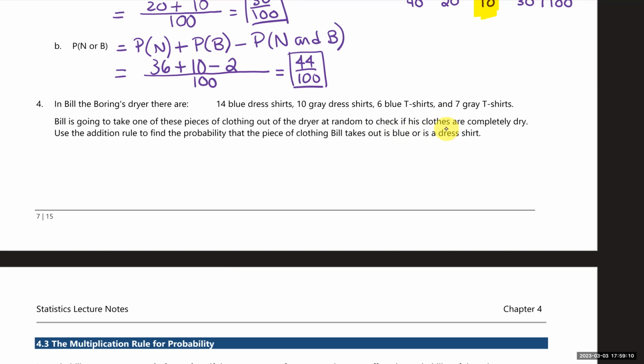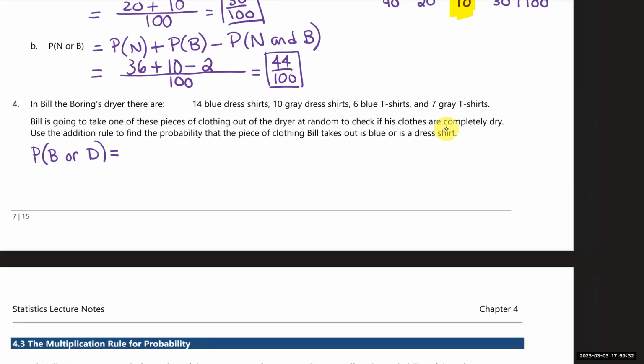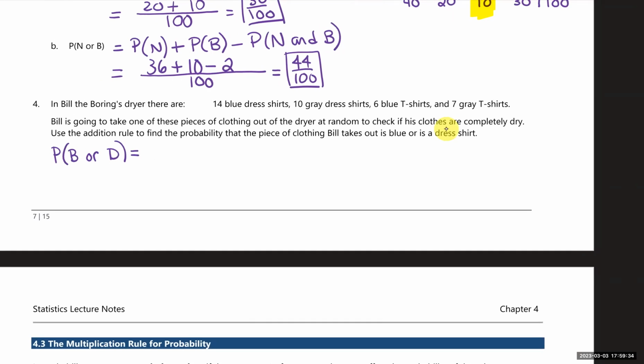Okay, so or, again, probability. Or is the addition rule. So blue or a dress shirt. All right, so rather than me writing the rule again, you can write it if you would like, but I'm just going to go right to the substitutions, and I'm going to organize the data in a table because I think for some people that's helpful.